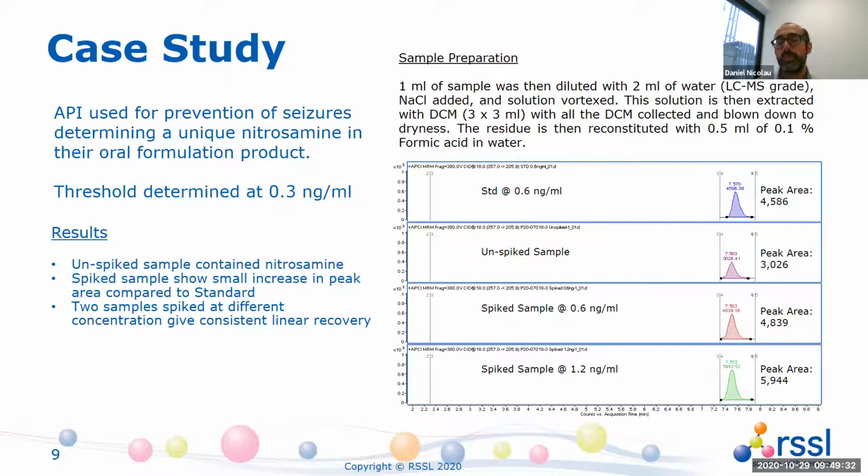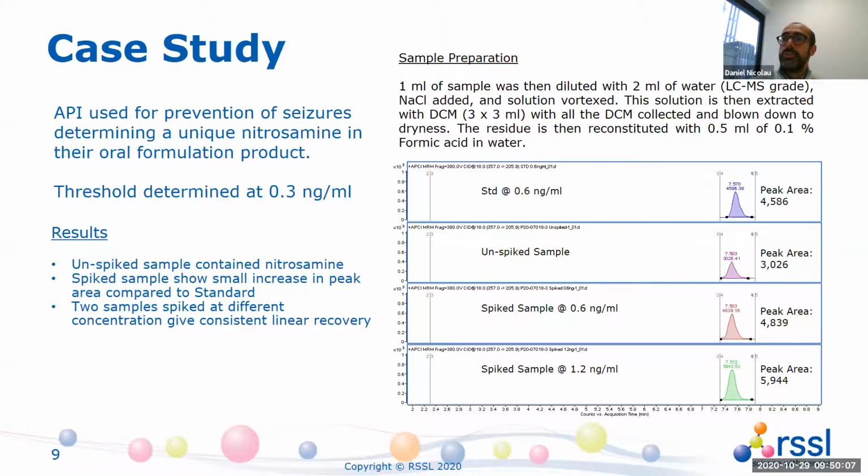And what they were looking for wasn't the standard nitrosamine species that you can see in the regulations or guidelines, but a very unique nitrosamine that they had potentially identified in their risk assessment. It required a very low analytical threshold of 0.3 nanograms per mL in their solution, which is incredibly low, which is why LCMS was utilized in this case.